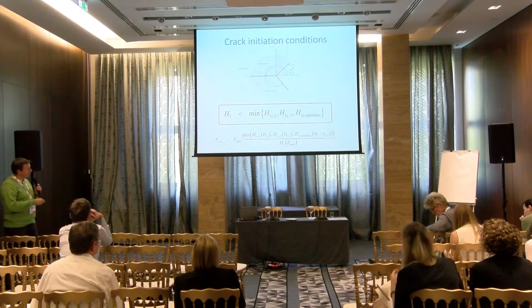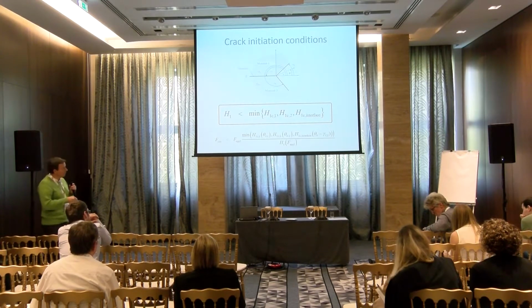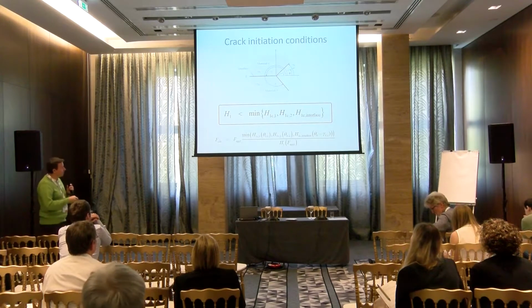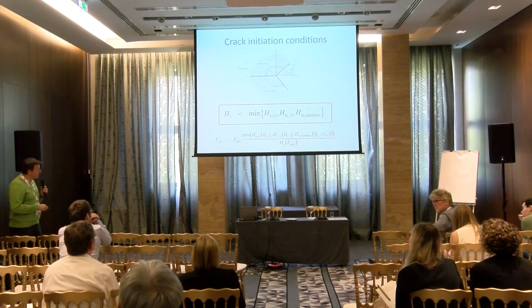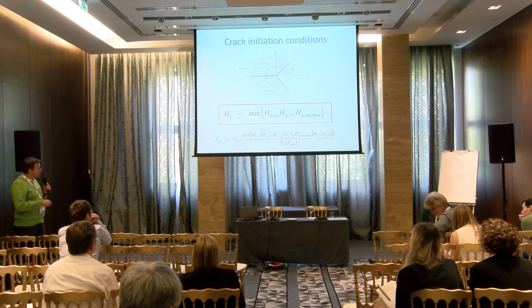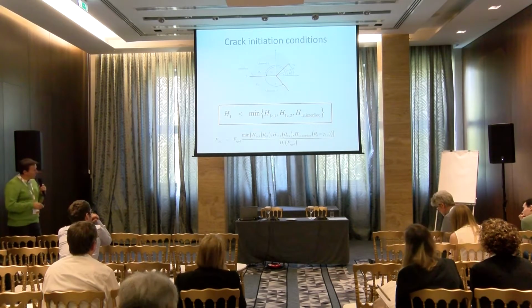And if H1 is lower than the minimum of these three values, a crack will not initiate in the bimaterial notch tip. For better interpretation of results, the critical applied force can also be derived, and this is this relation.